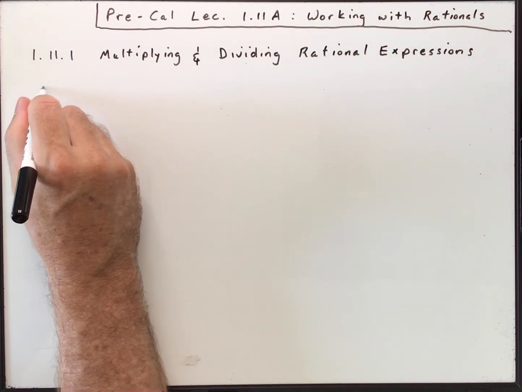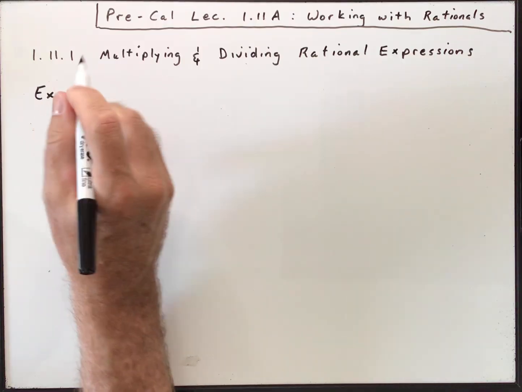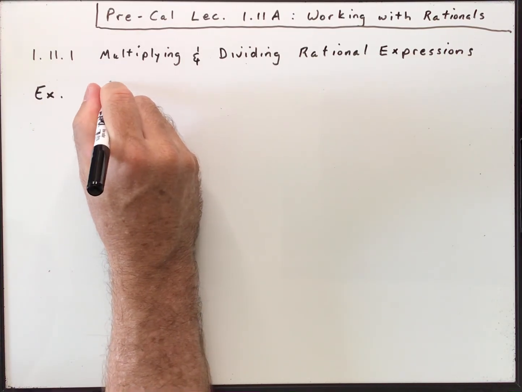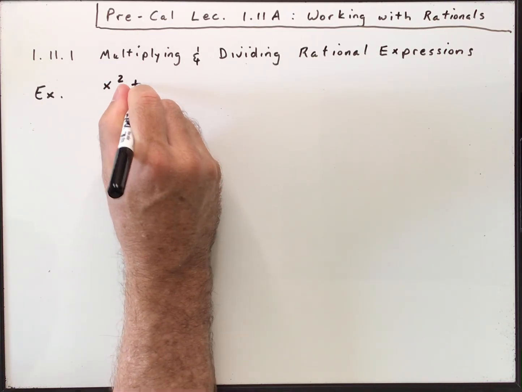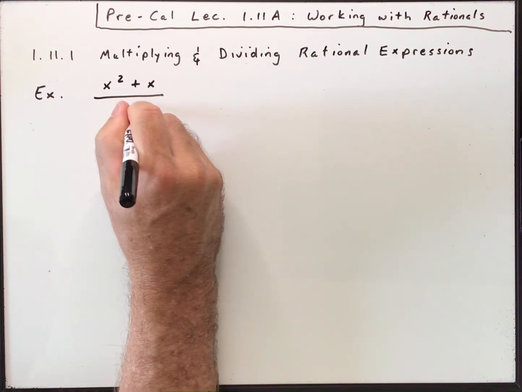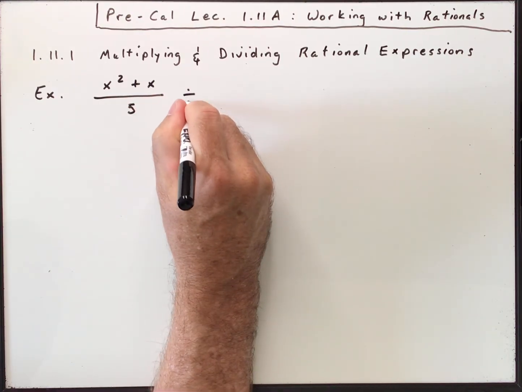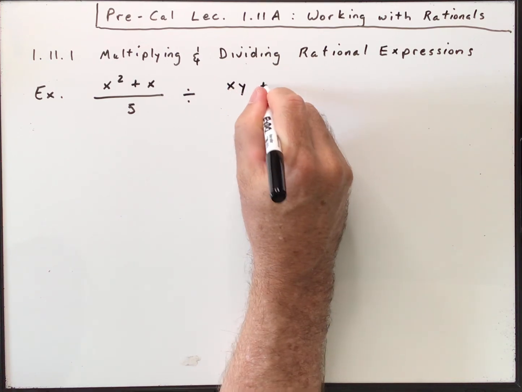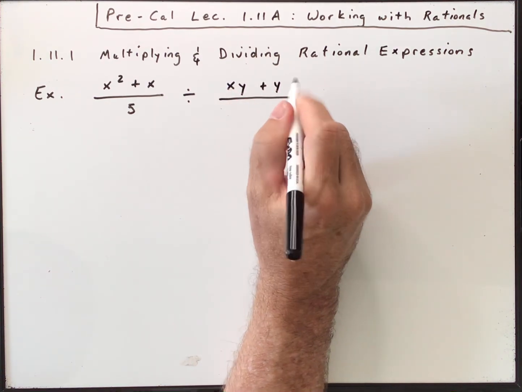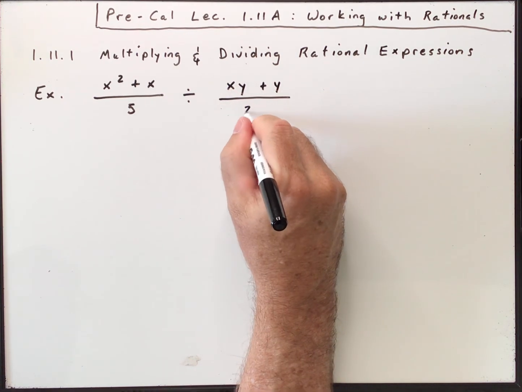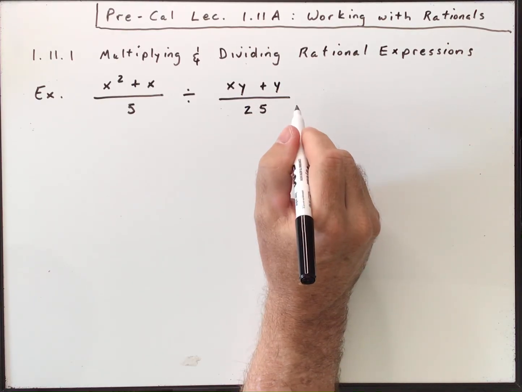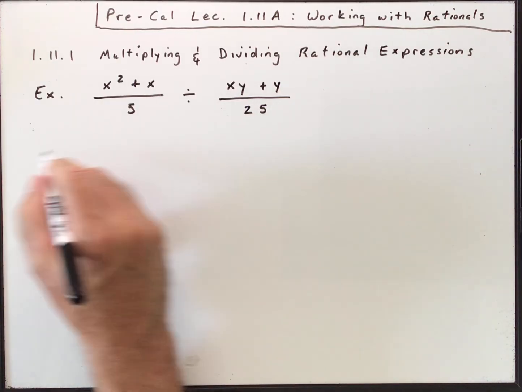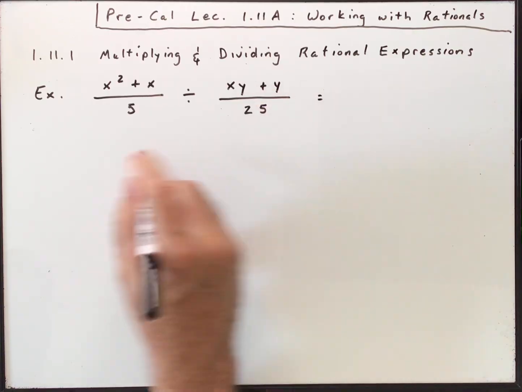Okay, so our example is, let's take x squared plus x over 5, and we want to divide that by xy plus y over 25. Okay, so what we're going to do then is take this second term and flip it.